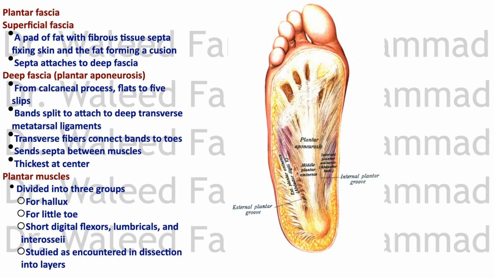head. Now to dissect the sole of the foot, we will start with the skin, remove it. There will be the superficial fascia, which is an adipose fatty layer, but this fatty layer is traversed by septa connecting the skin to the deep fascia, which is the plantar aponeurosis, the one you see here, to form a pad of fat.